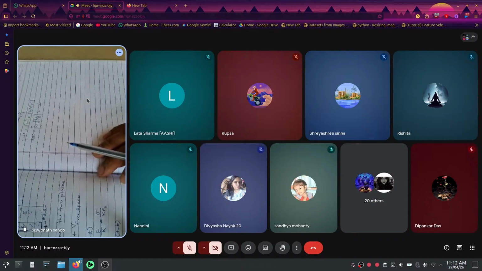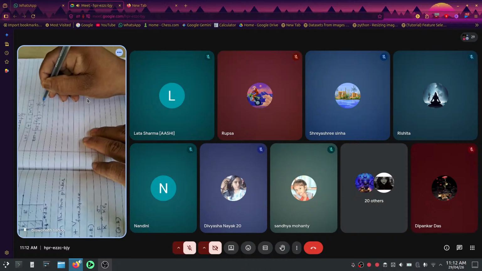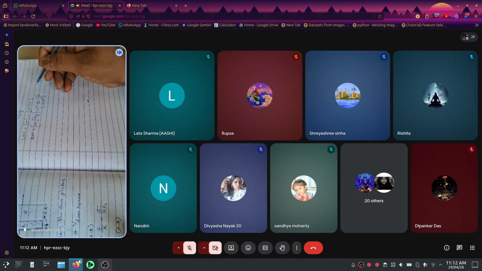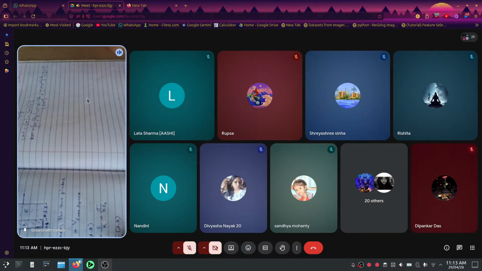So L1 T minus 2, whole to the power 1 by 2 because of square root. Let us simplify this. L1 L1 cancel out, so it is L0. Then T minus 2 in the denominator goes to the numerator as plus 2, whole to the power 1 by 2. So it becomes L0 T1. Is not it? L0 T1. Do all of you understand?